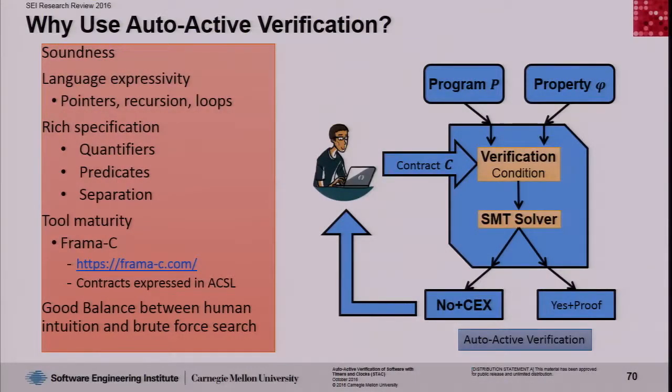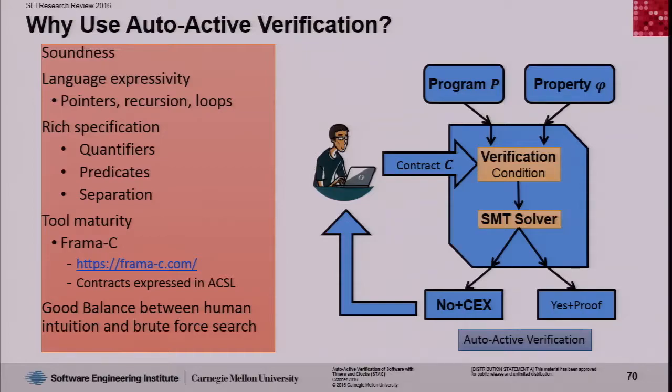Auto-active verification is a kind of formal verification inspired by the Hoare, Floyd, Dijkstra style of deductive proof. You start with a program that has functions and loops, and you add contracts. You add pre- and post-conditions to functions, and then you add loop invariants. In the old days, you had to do a paper-and-pencil proof that your loop invariants were inductive and your pre- and post-conditions were correct, and that was very tedious.